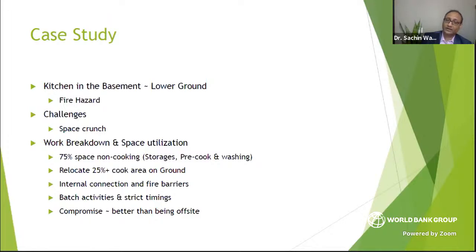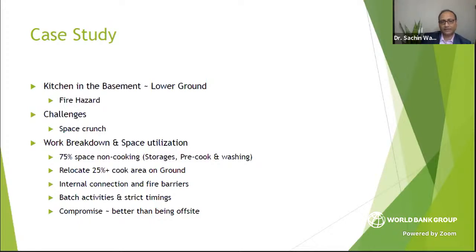Operationally, we made an internal connection, but very important was that we made a fire barrier, because the ground floor was directly connected to the lower ground. Some operational changes in terms of batch activities, since you cannot keep on transporting material.